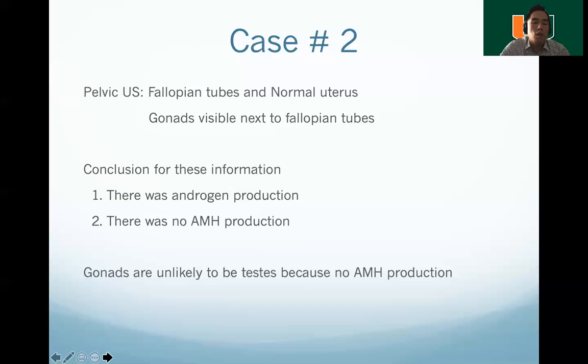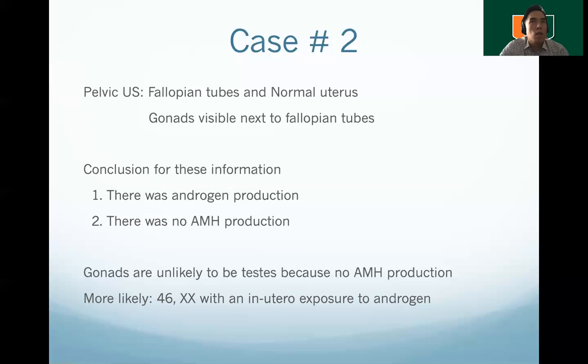So these gonads are likely to be ovaries. This is more likely a 46XX with in utero exposure to androgen. Why do I say in utero exposure? There's fusion of labia and enlargement of the phallus. Those are signs of in utero exposure to androgen.